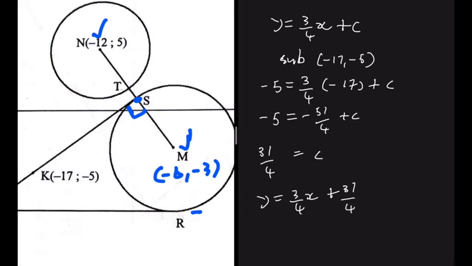Right, so let me just substitute x equals minus 17 and see if I get minus 5. So if I do that, let me see. Yeah, I get minus 5. So I'm a bit convinced now that, yeah, we have the equation of our line PS.